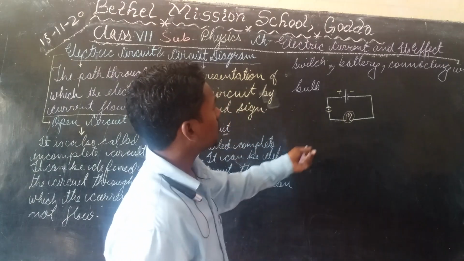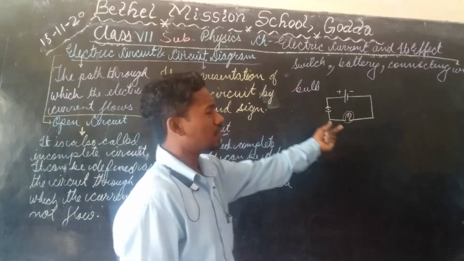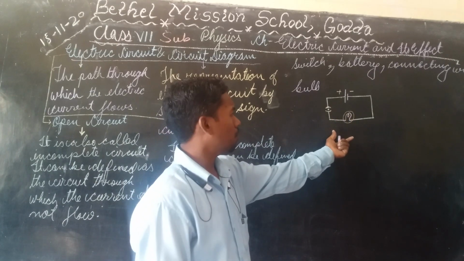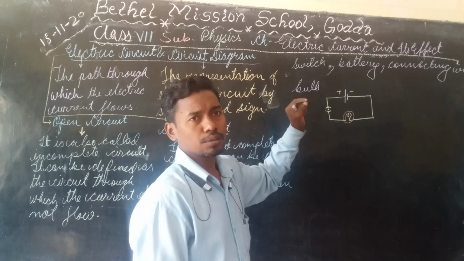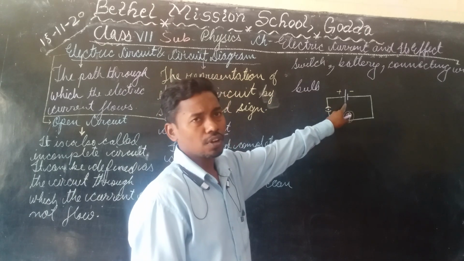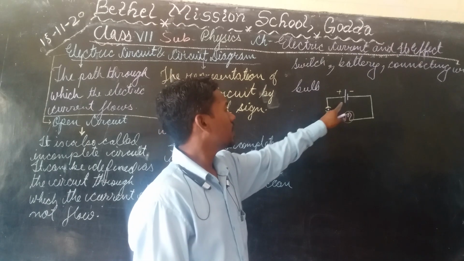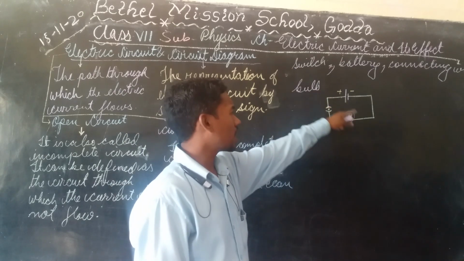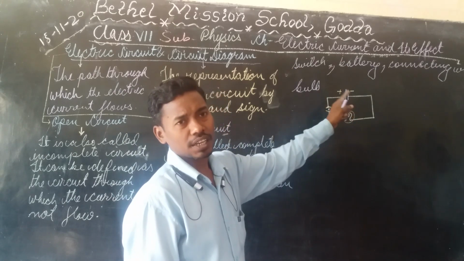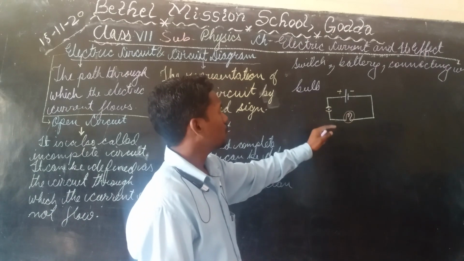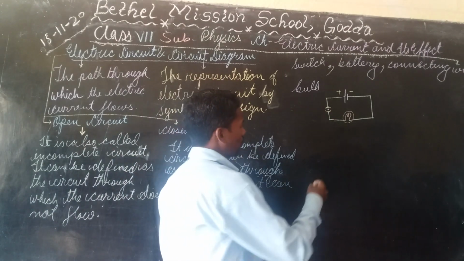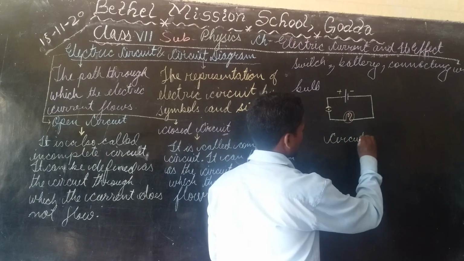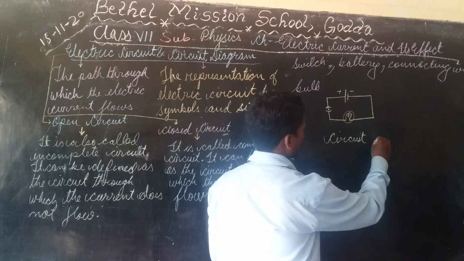So these are the different components that I represented very simply on the blackboard without drawing the exact material. Here we have the source of current, here we have the switch, here we have the electric appliance, and all of them are connected via connecting wire. So this is a very good example of a circuit diagram.